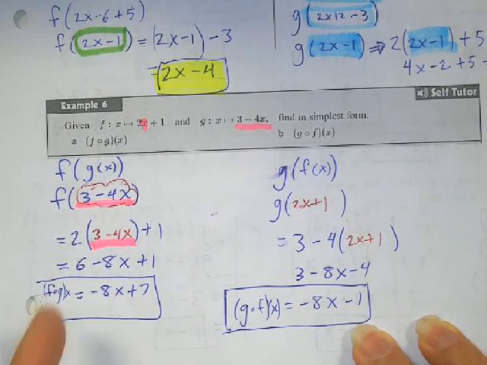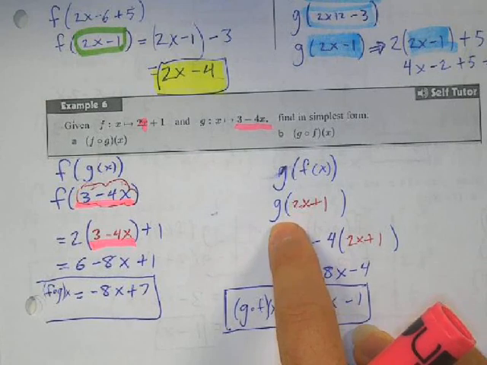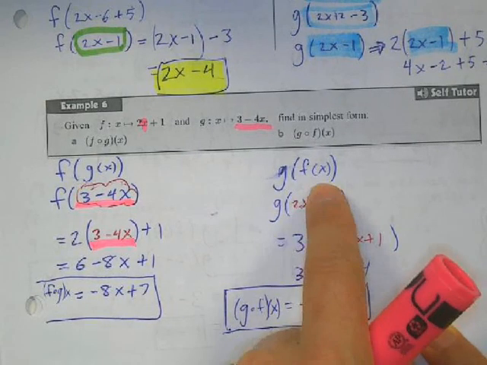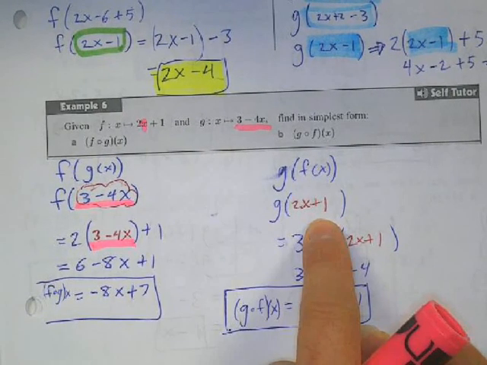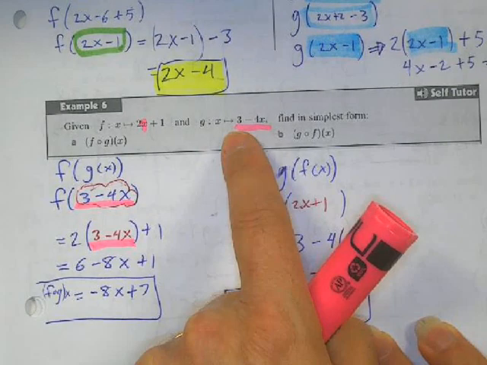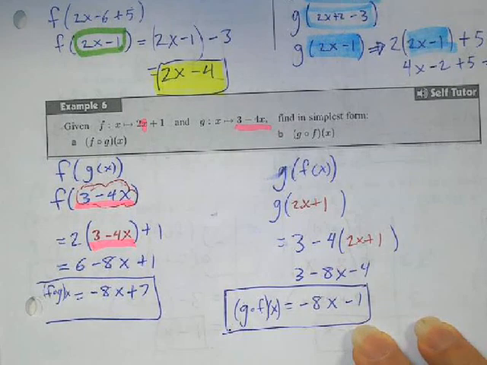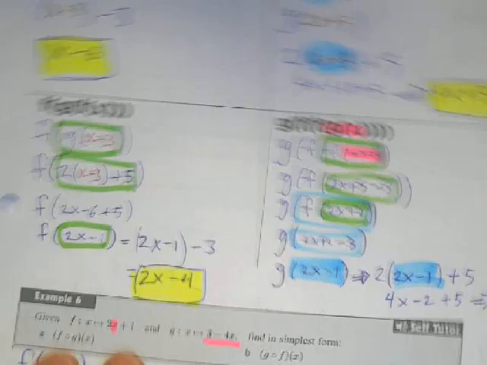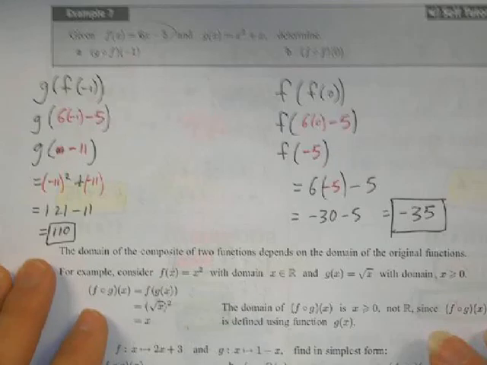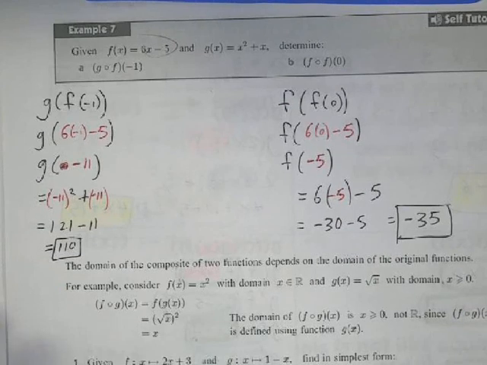And then we simplify. And then g of f of x, so f of x is that, right? And then g of x is 3 minus 4 times that. Okay, if you are a little unsure, you should watch the video. Hit pause and replay.